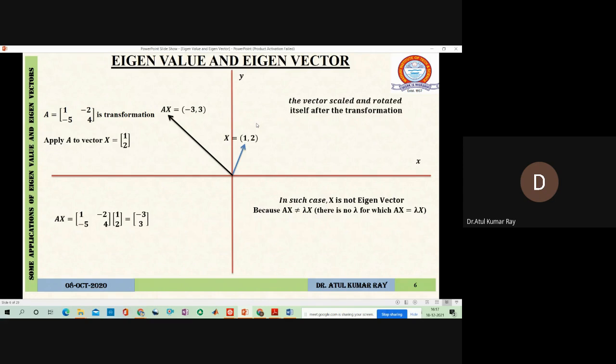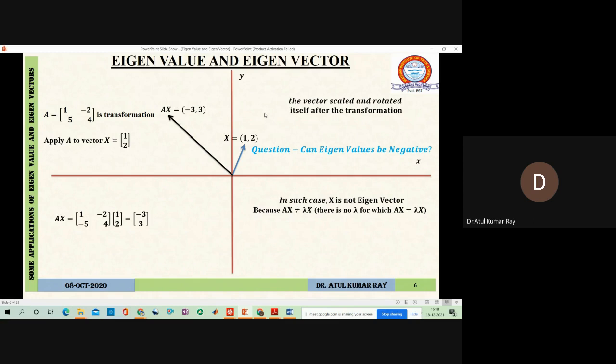So this vector which I have considered, x equal to 1, 2, is not an eigenvector corresponding to this transformation A. So what is our answer then? The answer is that not all vectors can be eigenvectors of a transformation. There would be certain fixed eigenvectors. Eigenvectors can be infinite, that we will see.